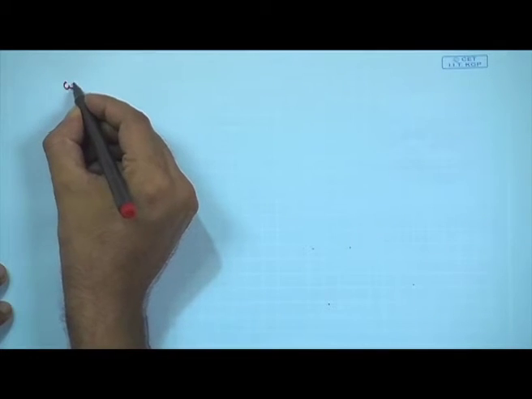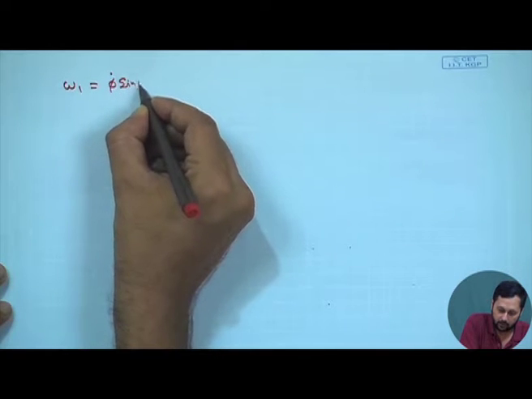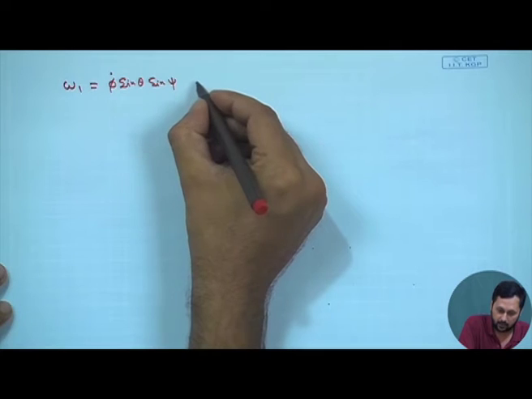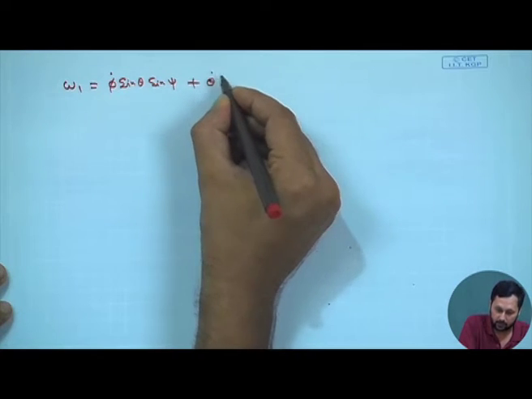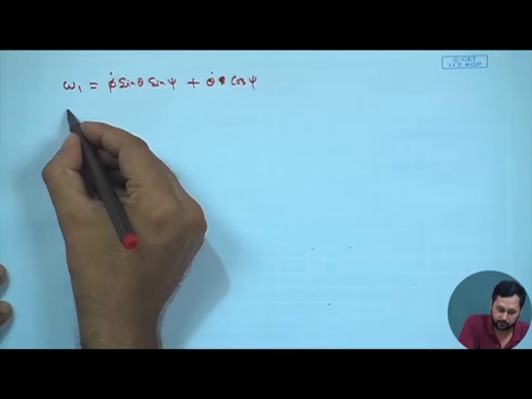We just have to do systematic matrix multiplications, and finally we will end up with a relation which is: omega 1 equals phi dot sin theta sin psi plus theta dot cos psi.